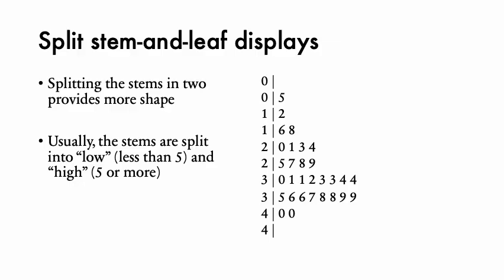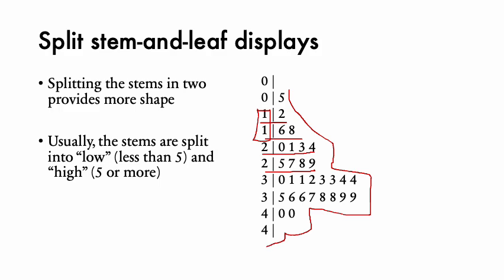Instead of including just one category for our first digit, we include two: people who are five or below and people who are above five. People who are 2.0 to 4, people who are 2.5 to 9. And doing this creates a little bit more of a clearer distinction within those larger categories.